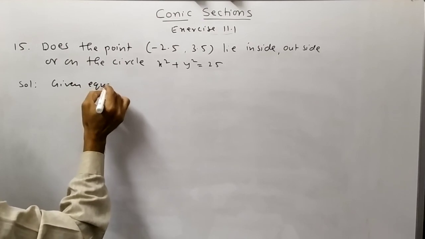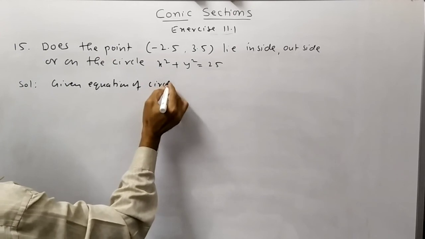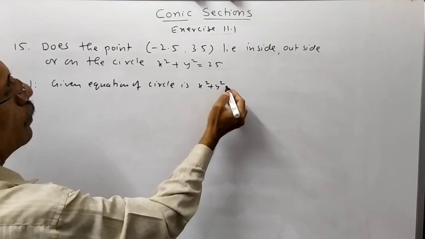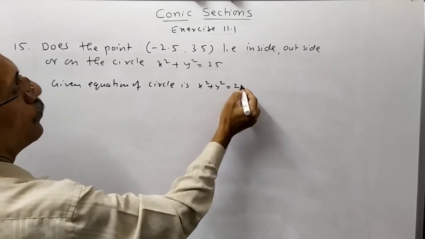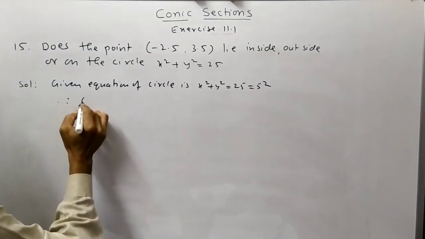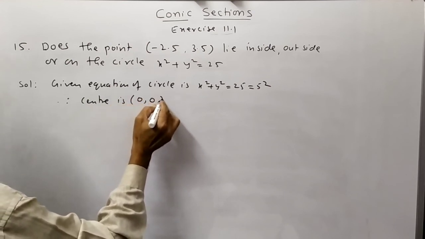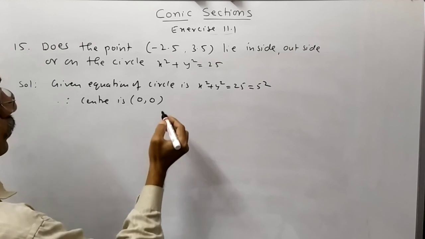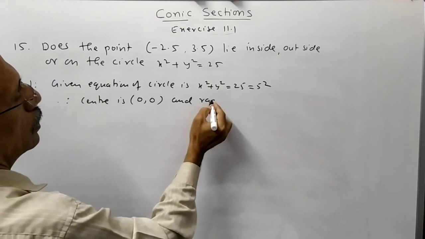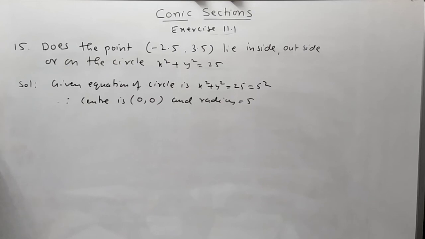Given equation of circle is x square plus y square is equal to 25 is equal to r square. Therefore, center is origin, that is 0, 0 are the coordinates, and radius is equal to 5 units.